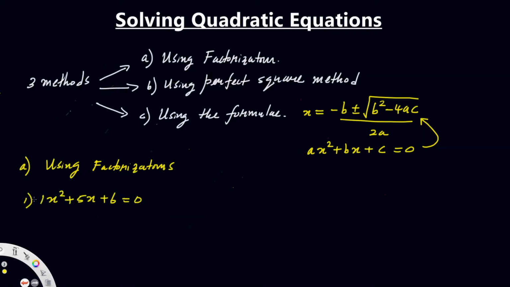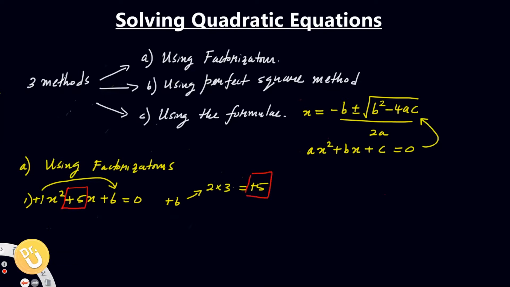We know that the coefficient in front of x squared is 1, and I'm going to multiply 1 with plus 6. It's going to be 6. Then I will see the possible multiples of 6. That would be 2 times 3. And when you add these together, it's going to be plus 5. That is what essentially I'm looking for, plus 5 over here.